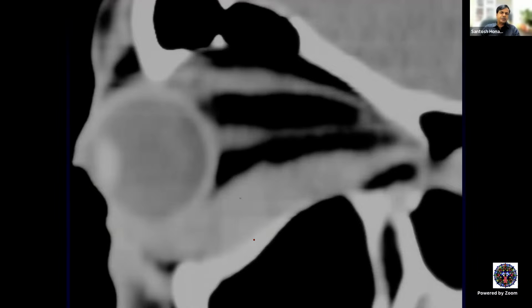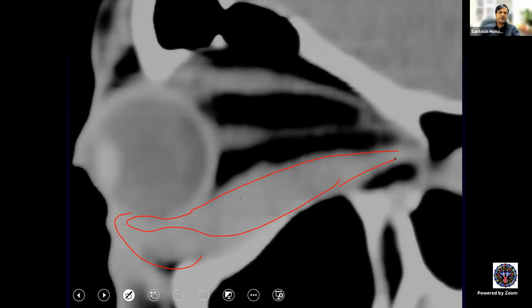Now, this is how these patients look on imaging. You find that the inferior rectus is grossly thickened, but what has also happened is the insertion of the extraocular muscle is also thickened. This is unlike thyroid eye disease. If this patient were to have thyroid eye disease, this is how the muscle would have looked. Right? The insertion would be relatively thin, normal, but the middle part of the muscle, the middle 3/4 or 2/3 of the muscle, would be grossly thickened.